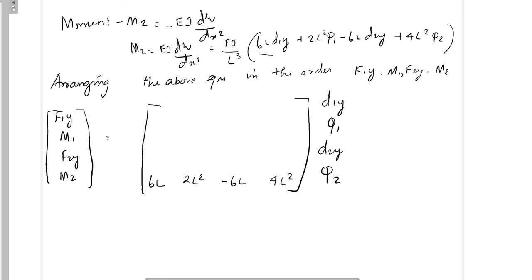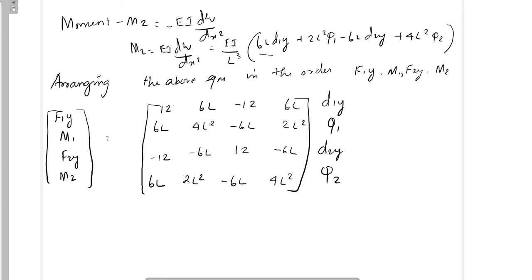For F2y, the first coefficient is minus 12, second is minus 6L, third is 12, finally minus 6L. Here it is plus 6L, 4L square, minus 6L and 2L square. Then 12, 6L, minus 12, 6L.